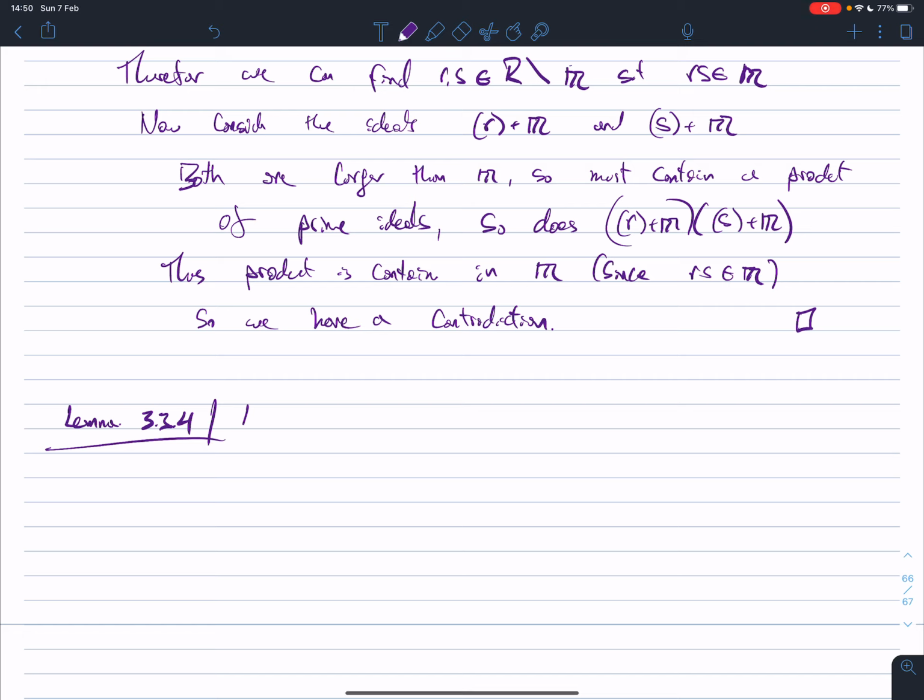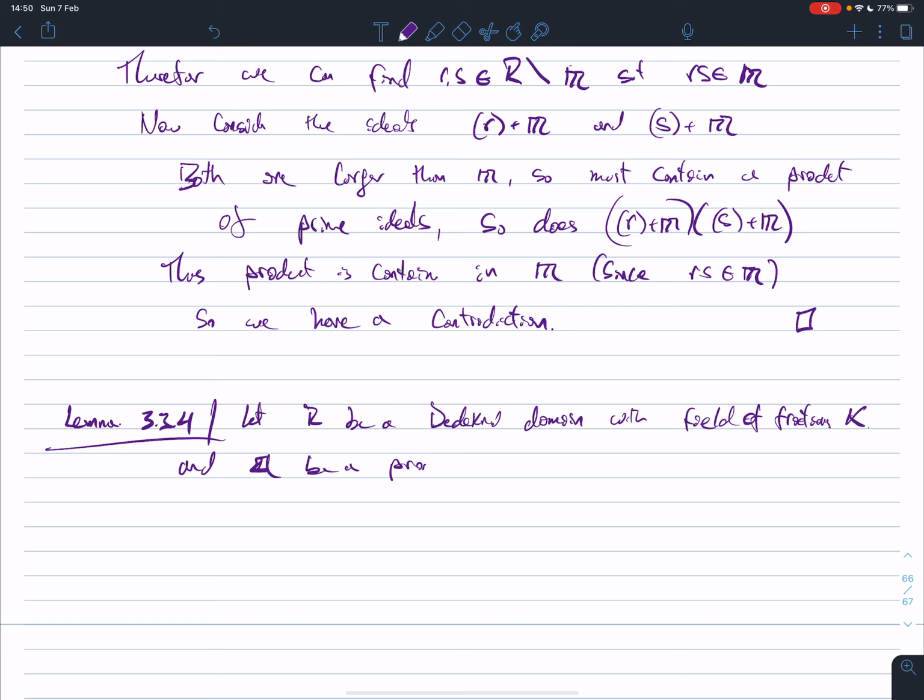So let R be a Dedekind domain with field of fractions K. I'm not saying this is a number field, just some field of fractions which I'm denoting K. And I'm going to let frak a be a proper ideal.